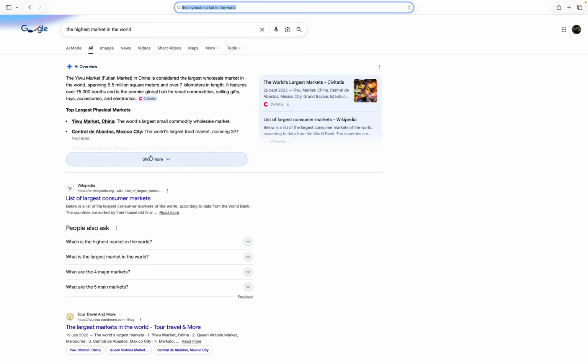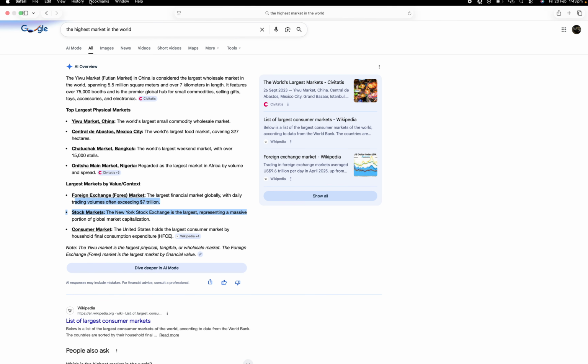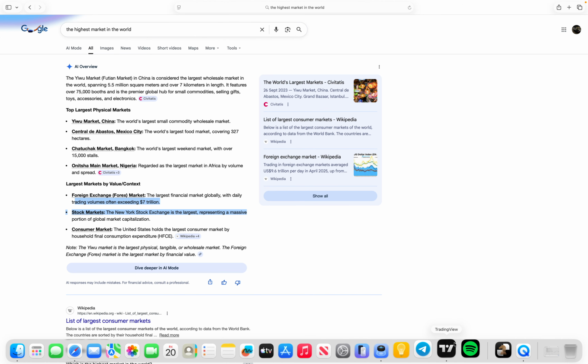No, not this. This is what I'm looking for. Okay, good. Now you can see the largest market by value and context. What does it say? The foreign exchange market, which is what? The Forex market. Followed by the stocks, which I feel like is still even under the Forex, and the consumers market. So can you guys see that? So it's not fugazi.